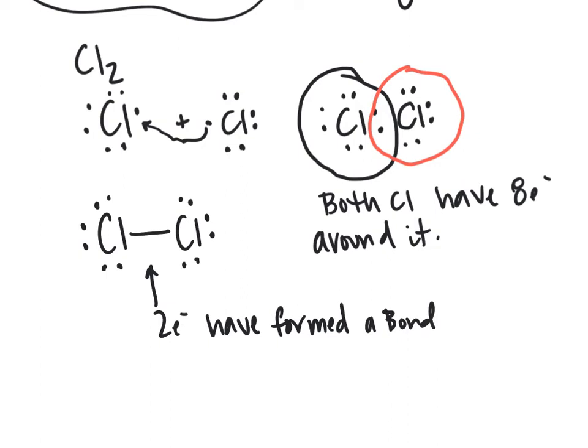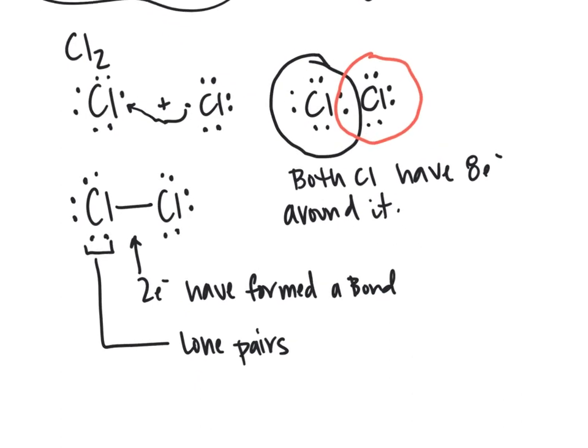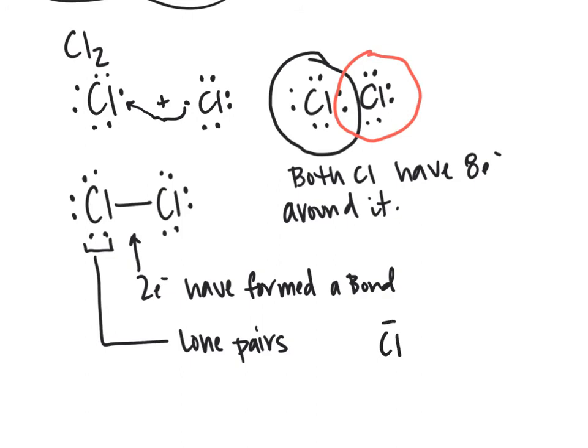So we have 2 electrons in a bond, and I will put a bracket around these, and these are lone pairs. I always draw them as pairs. There are some scientists who draw them differently. Some scientists will draw them with lines, and this is a big no. We want to draw our lone pairs as 2 electron dots, and they should be pretty close together. So definitely not this.